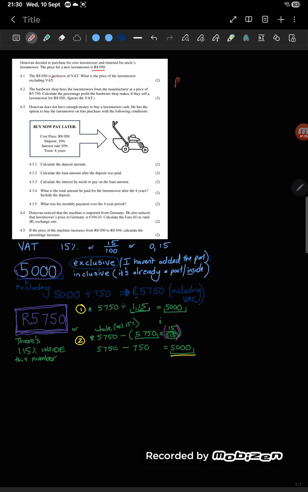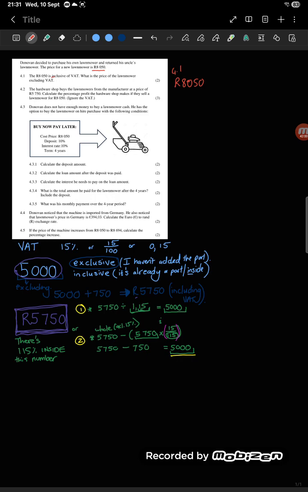So I've got a number. Here's 4.1. I've got 8,050. And my VAT is 15%. I can use this first equation or the second equation. Please try it with both equations to make sure that you know how to use them both. You won't be tested on one specific one. The first one is just a bit easier if you learn that you divide the number by 1.15 to get to the original.